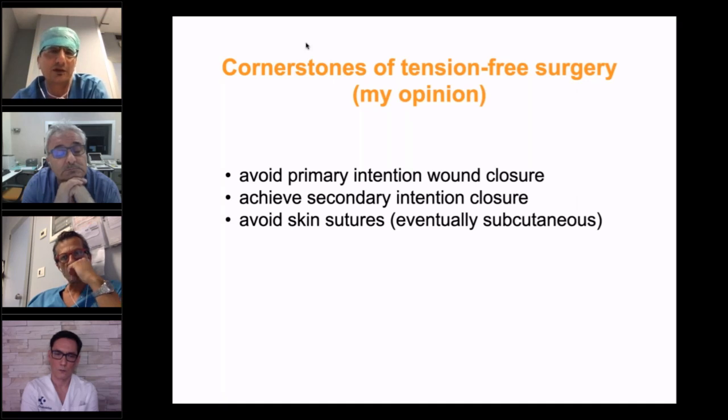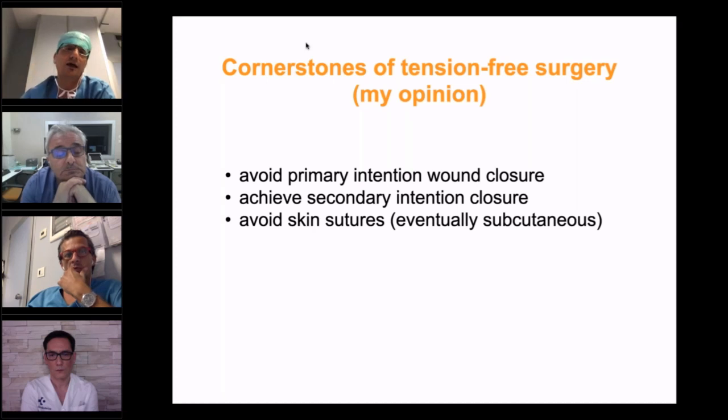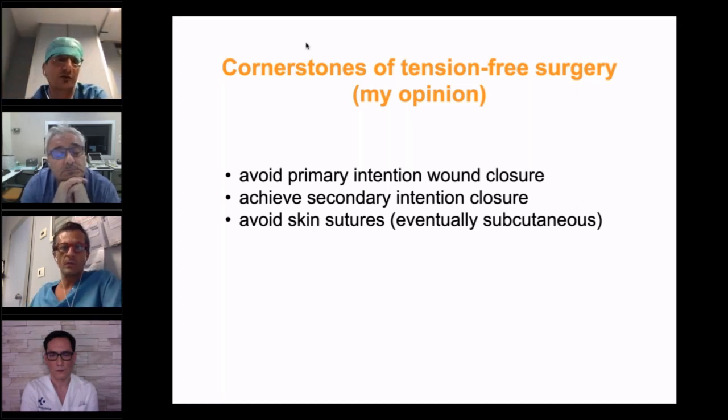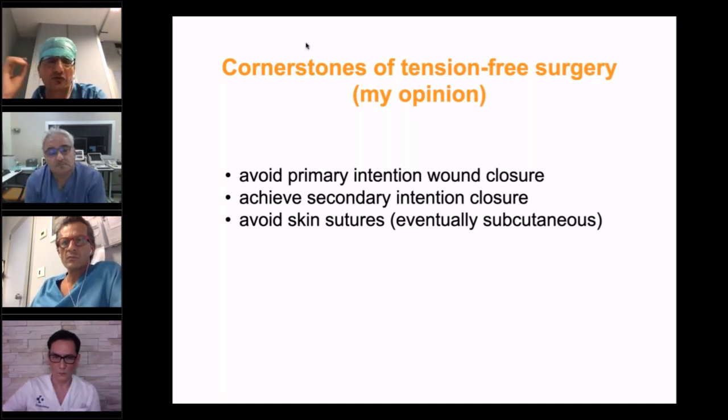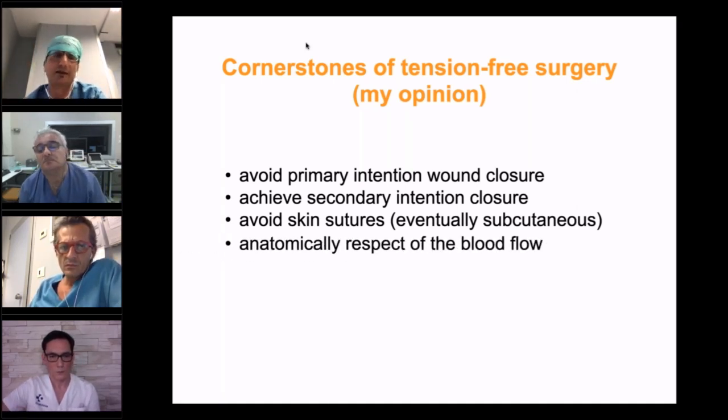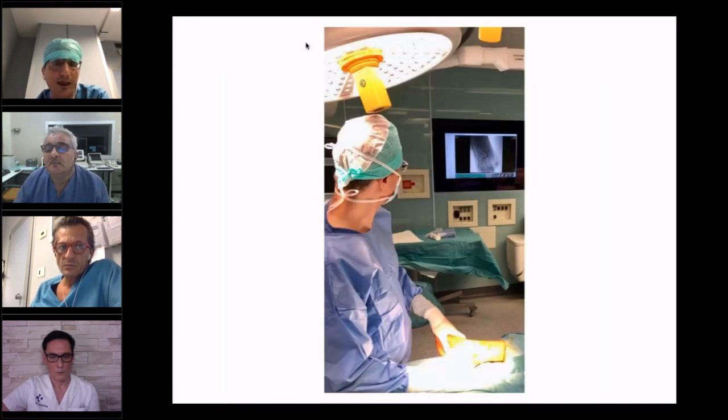And so this is my opinion about the cornerstones of tension-free surgery. First of all, we have to try to achieve a secondary intention closure rather than a primary intention wound closure. And if possible, we have to avoid skin sutures, and eventually we can use subcutaneous sutures. But we have to respect, from the anatomical point of view, the new blood flow that is created to the foot.